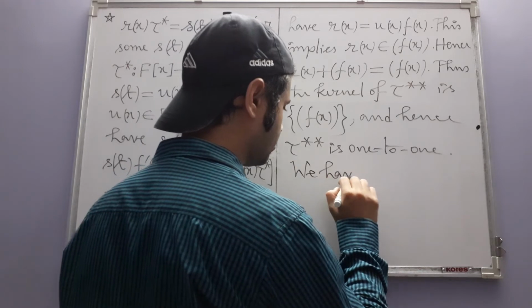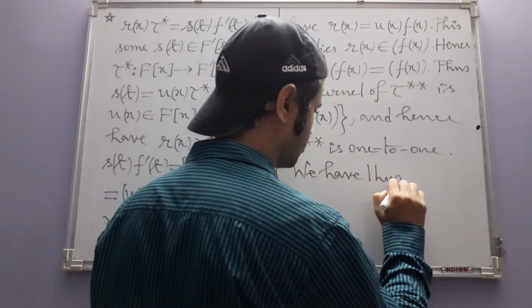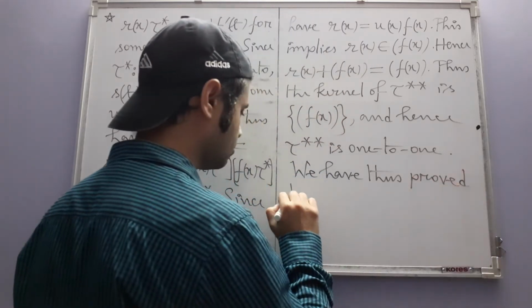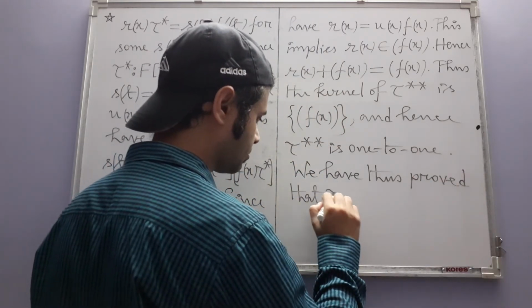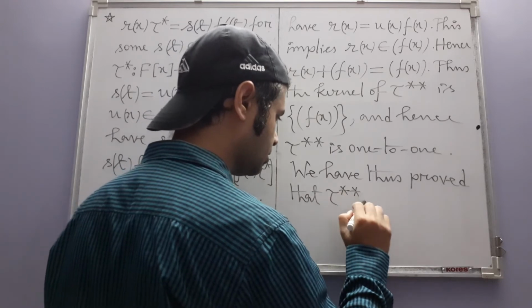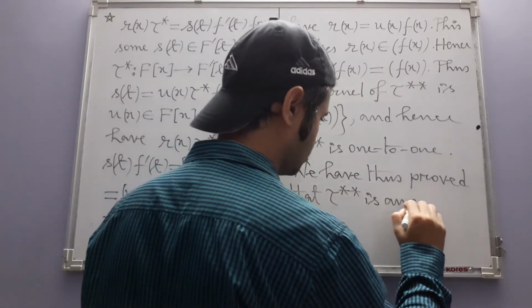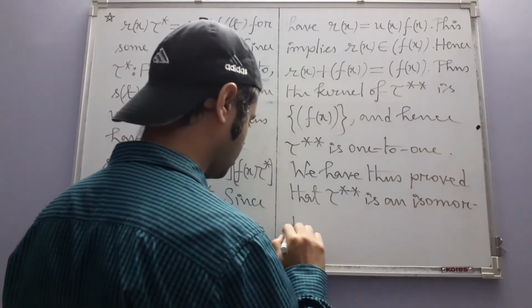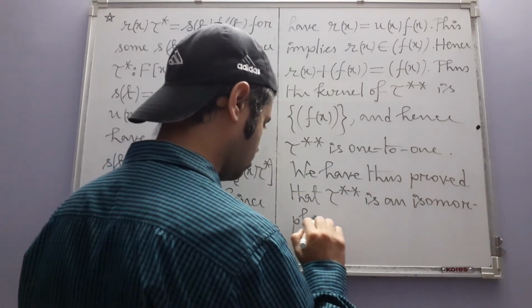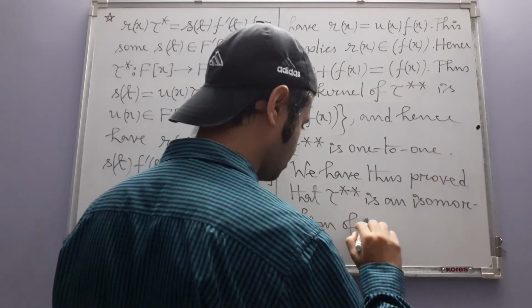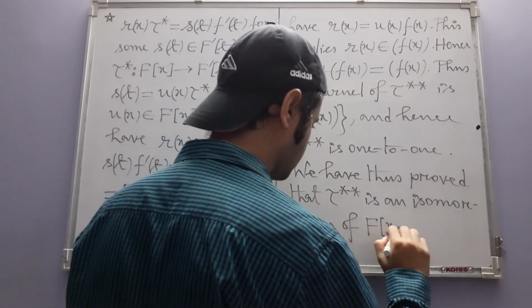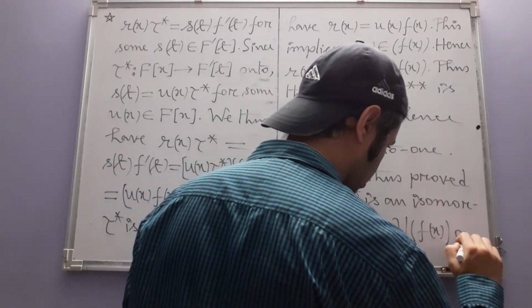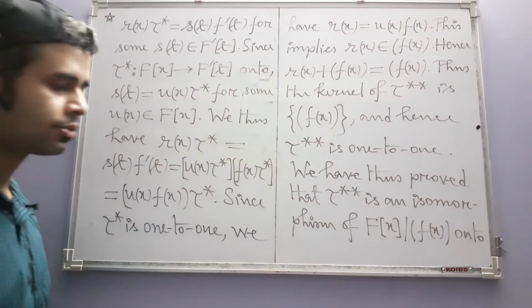We have thus proved that this is an isomorphism of our first quotient ring onto the second quotient ring.